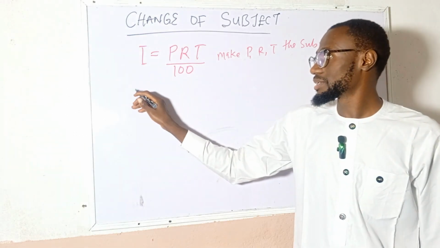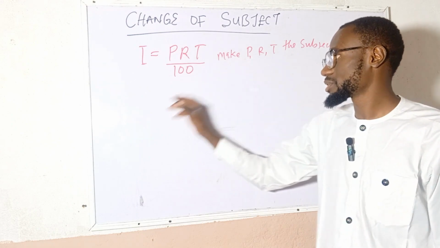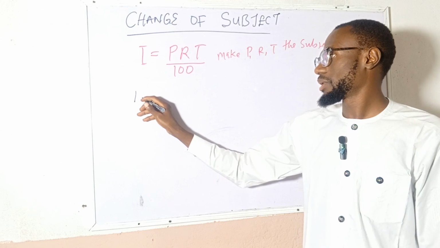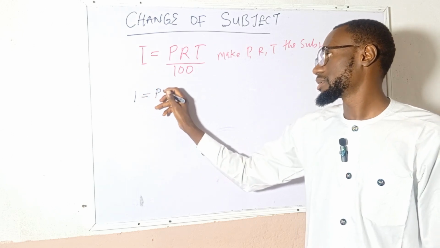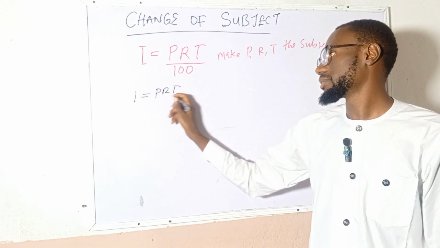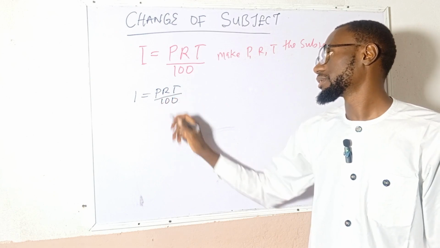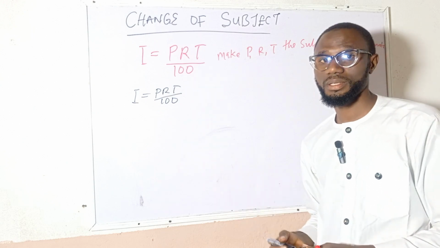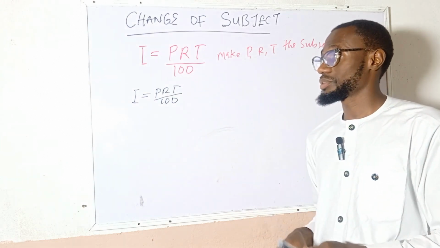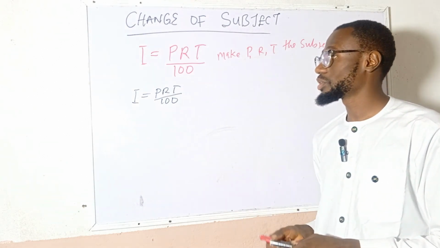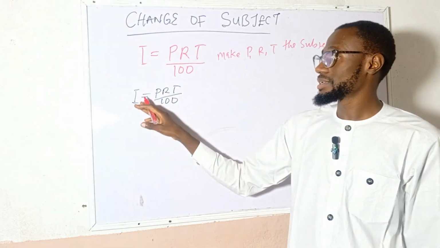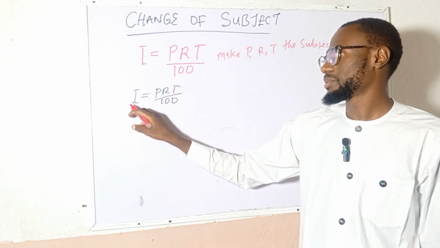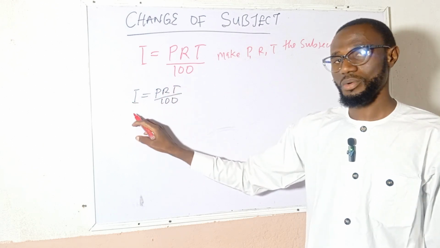Firstly, we are making P the subject. Now I is the subject of the formula. I is equal to PRT all over 100. Then when making P the subject of the formula, we are going to cross multiply, in the sense that we are going to have PRT multiplied by 1, assuming this is over 1.